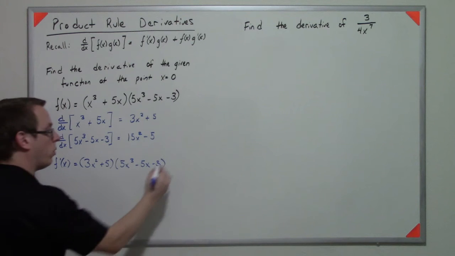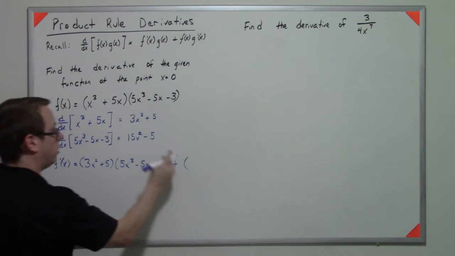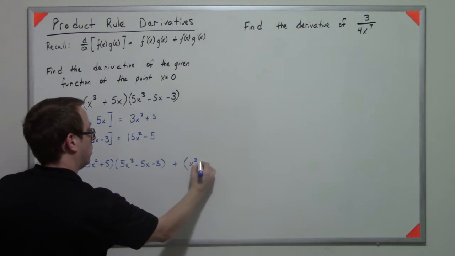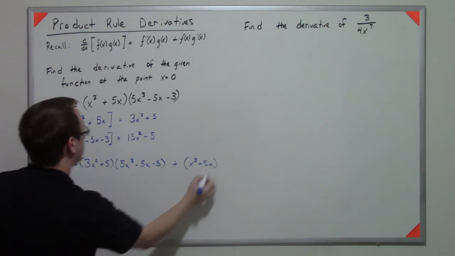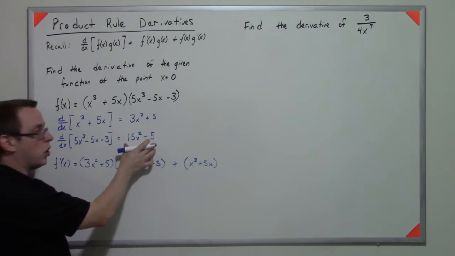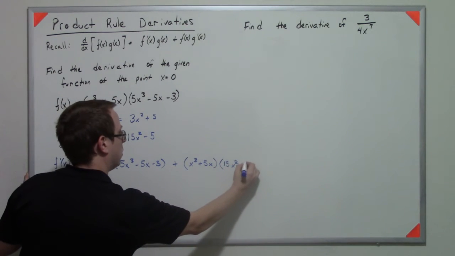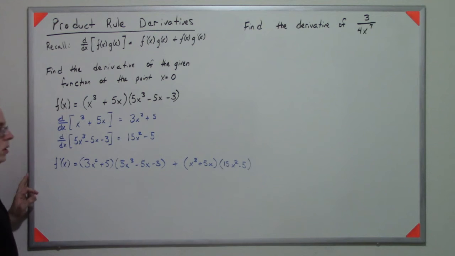And then we're going to add the first term as normal and the second term's derivative. So that's our general rule.